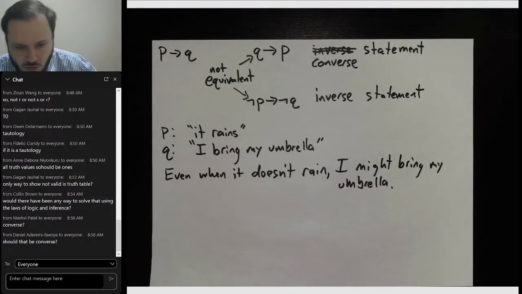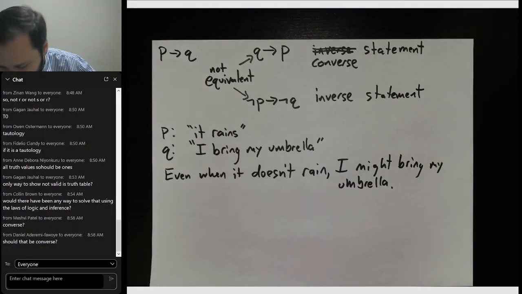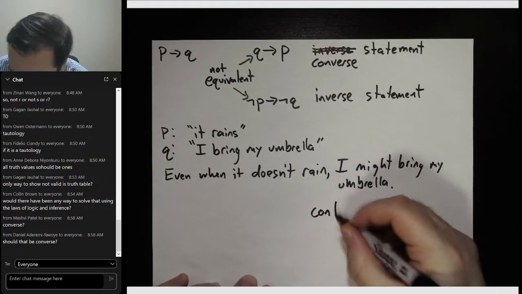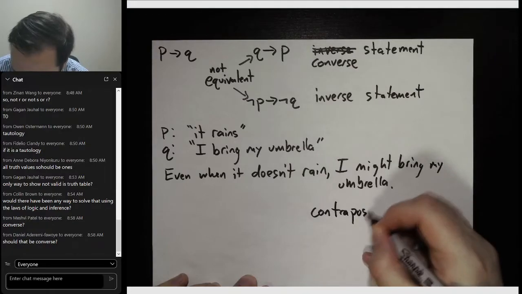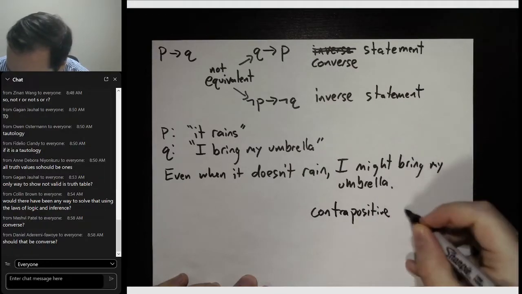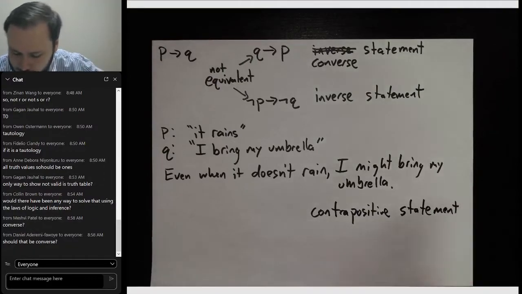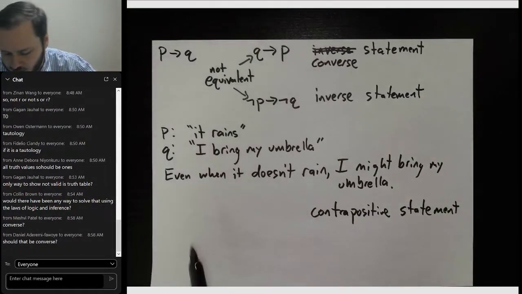There is one more related statement, however, that is equivalent. This is called the contrapositive statement. And there is one thing I know. If it rains, I'll bring my umbrella.